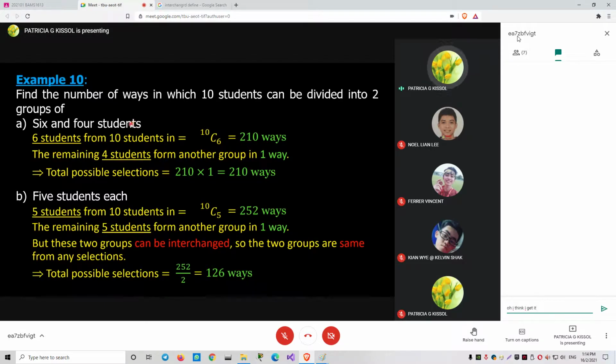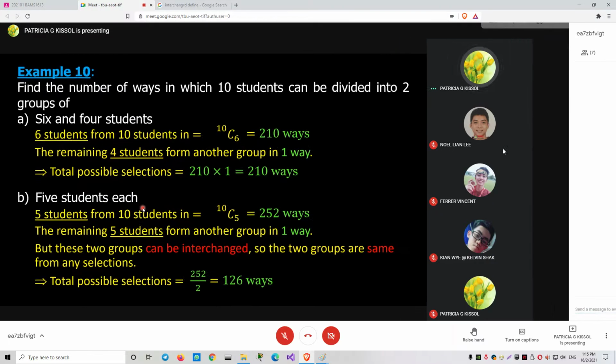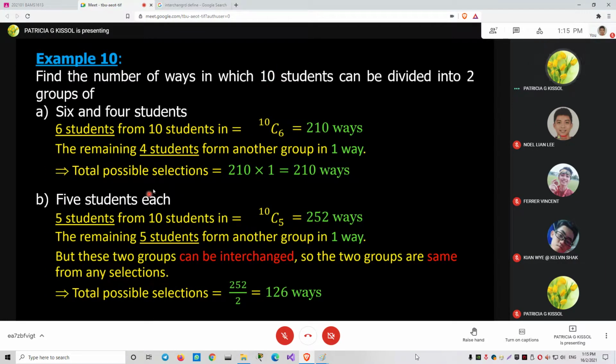Then the remainder, which is 4 students, is just one group. But when from the 10 students we have 5 and 5, the selection of the 5 students is 252 ways, but it could also happen for the other 5 students. So because of that, we have to divide it by 2. Did I explain? I don't feel like I explained it, but correct.